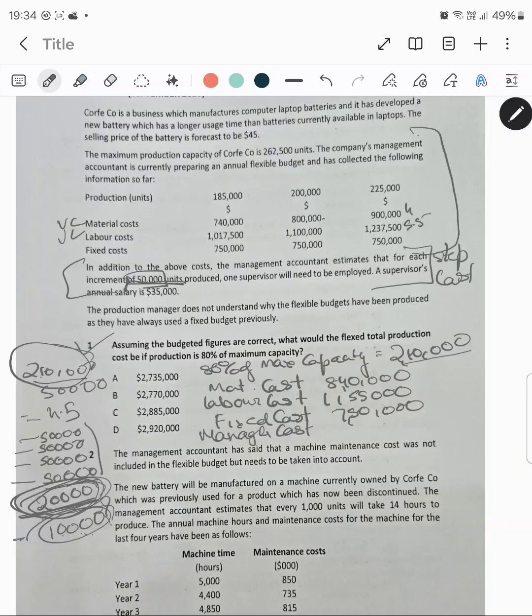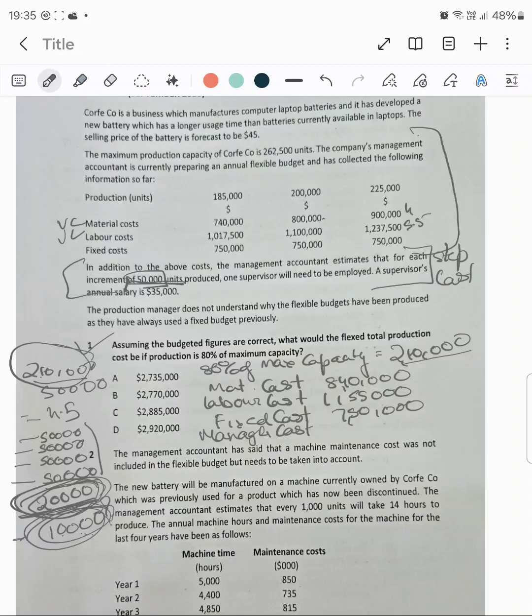I cannot say that I will divide or cut the supervisor into a percentage or some ratio depending on 10,000. We cannot split this supervisor. Only one supervisor will be needed. So for example, we did some question.